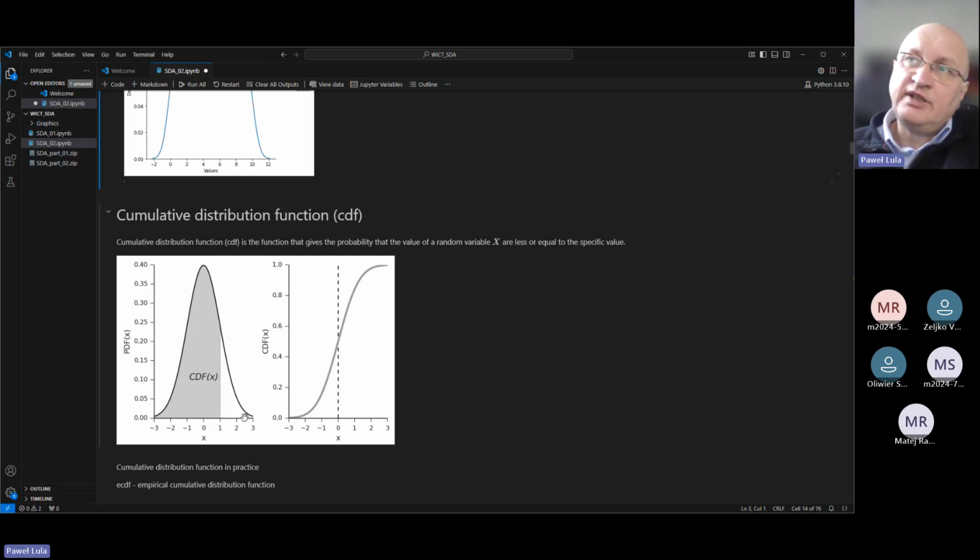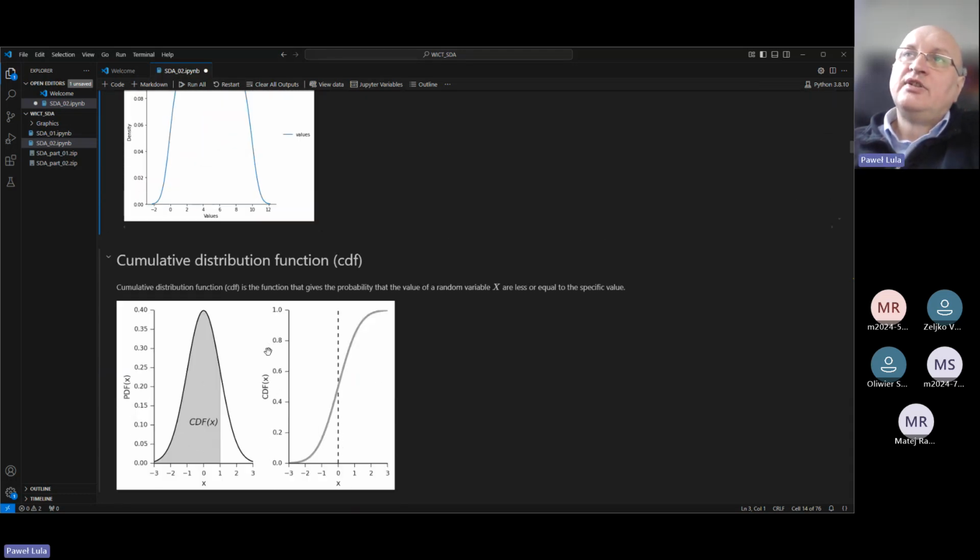So we can calculate it, or we can calculate this gray area and subtract this value from 1, because the area for the whole line is always equal to 1. So 1 minus the cumulative distribution function is a probability that a value of a random variable is greater than a specific value.